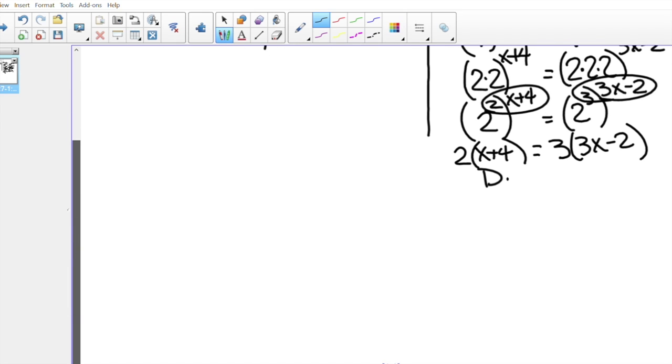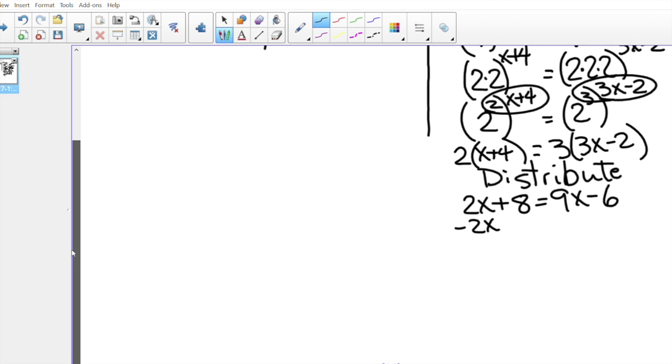Distribute. Forget your name. Forget your address. Forget everything, but do not forget how to distribute. So it's 2x plus 8 equals 9x minus 6. Now solve for x. Subtract 2x from both sides.